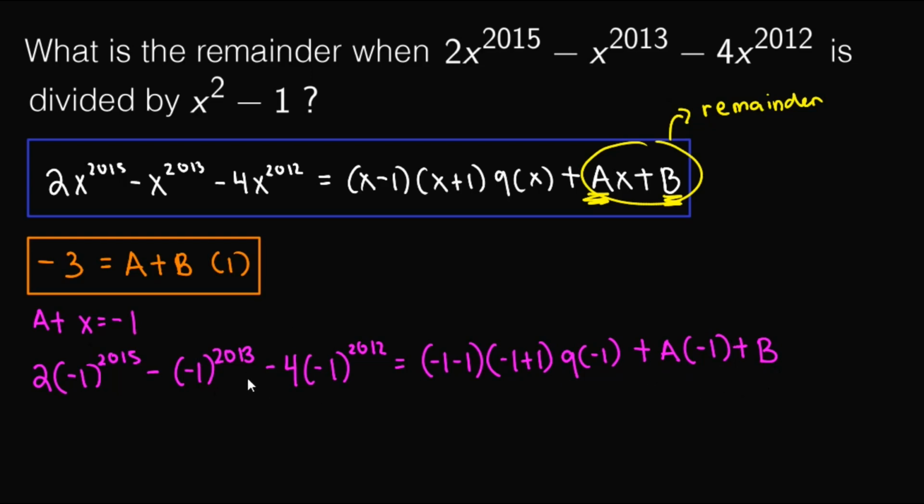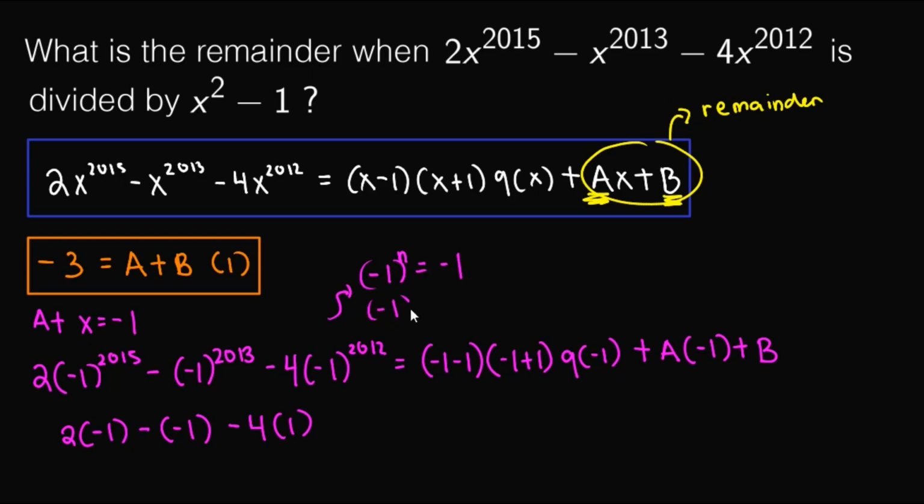On the left side, this simplifies to -1 raised to 2015 will be 2 times -1. -1 raised to 2013 will be -1, minus 4 times -1 raised to 2012 will give us 1, since -1 raised to an odd power, if n is odd, then this becomes -1 still.